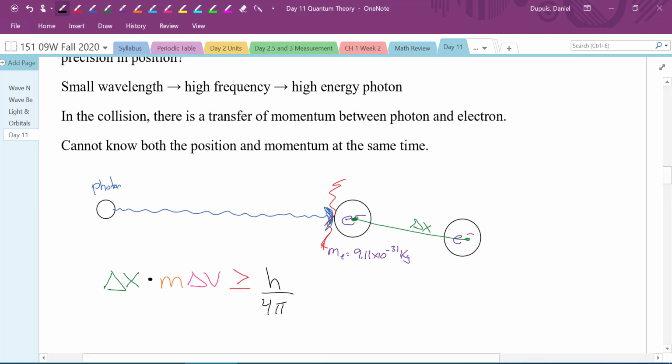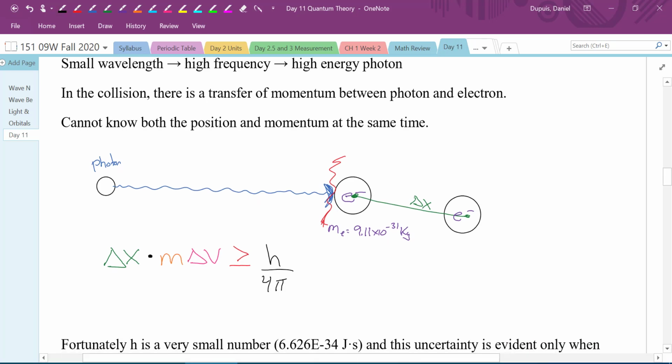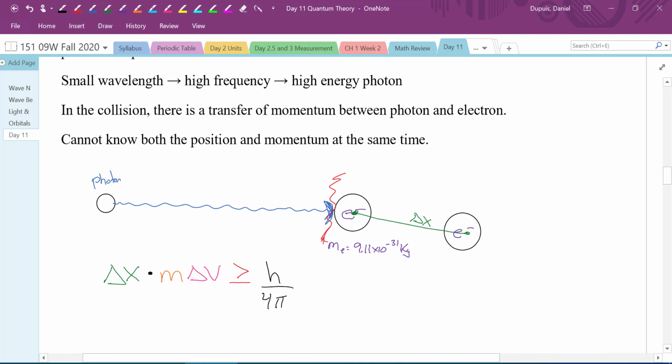Remember, we have the de Broglie wavelength, we got momentum. You can derive this. I'm not going to worry about you deriving this, but this is your uncertainty principle. Okay?